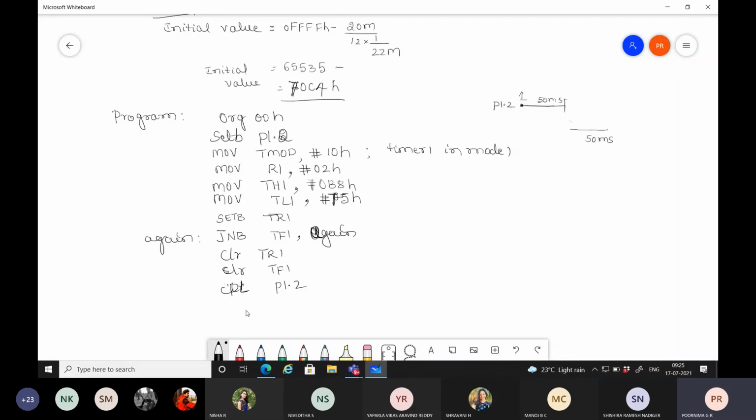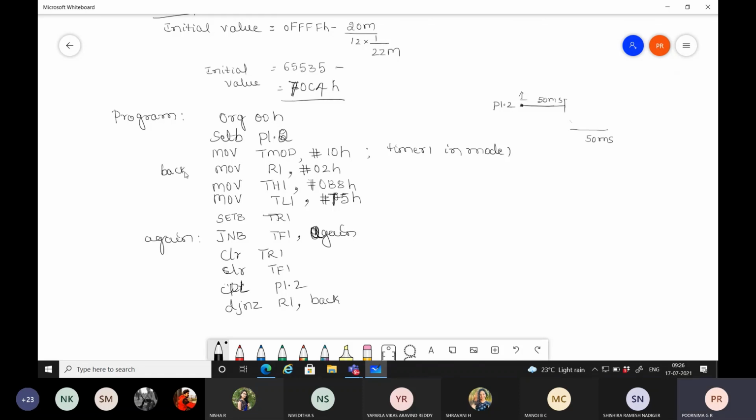After complementing, DJNZ R1 comma back. Where does that back have to go? Back has to go to the initialization, our SETB.